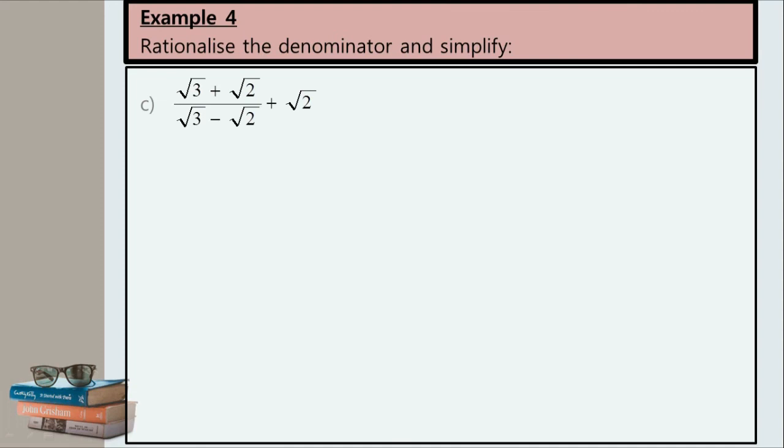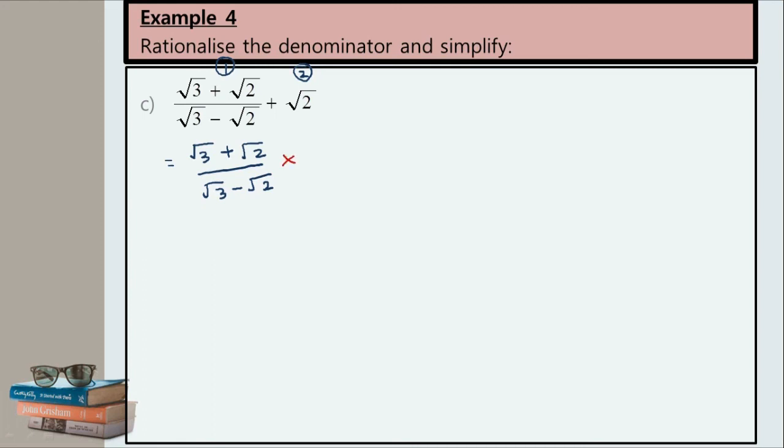Next example for C, we have surd 3 plus surd 2 over surd 3 minus surd 2 plus surd 2. Okay, so to rationalize, we need to multiply surd 3 plus surd 2 over surd 3 minus surd 2. Okay, since we have two terms here, first we need to multiply the conjugate of the first term.